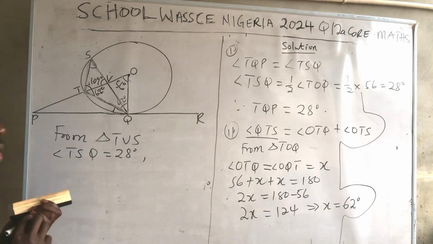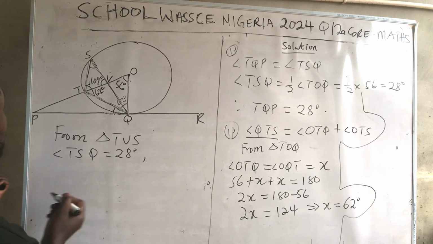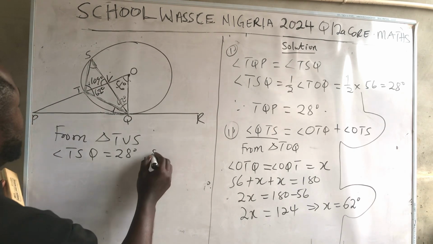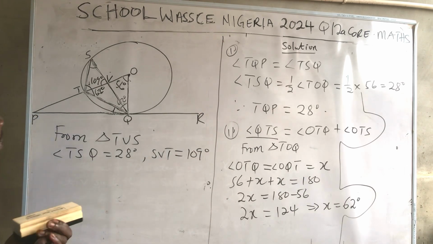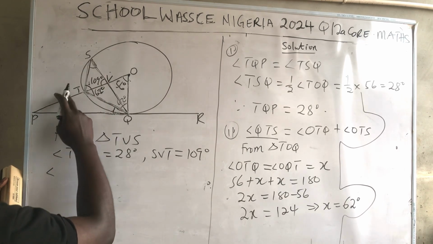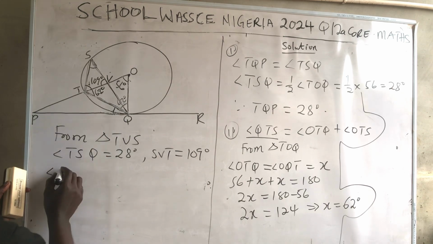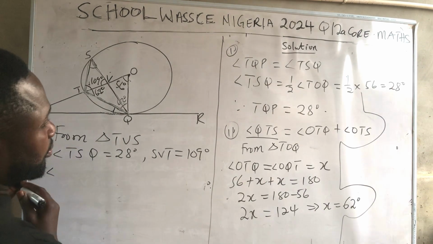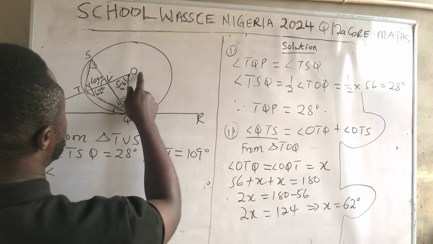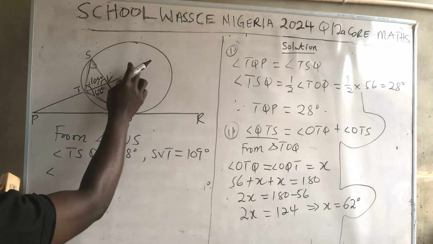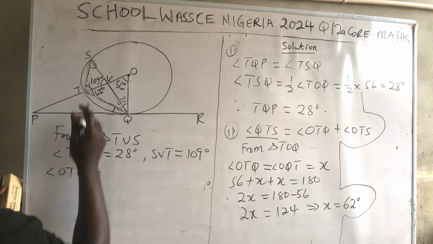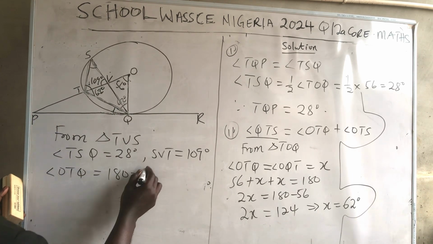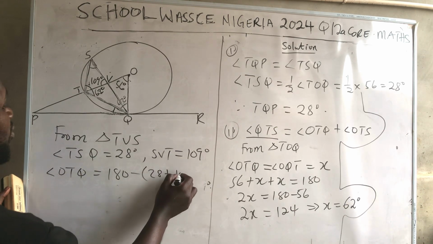And then angle SVT is also 109 degrees. So what is left is this particular angle, angle OTS. OTS is equal to 180 minus the addition of 28 and 109.